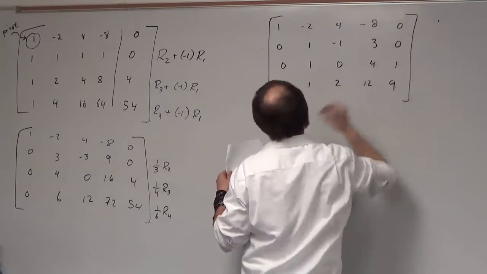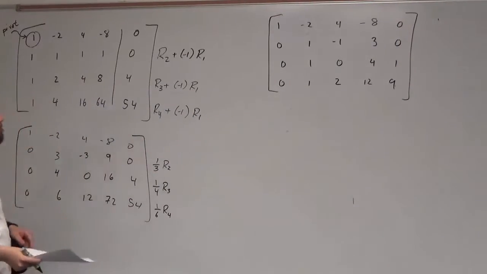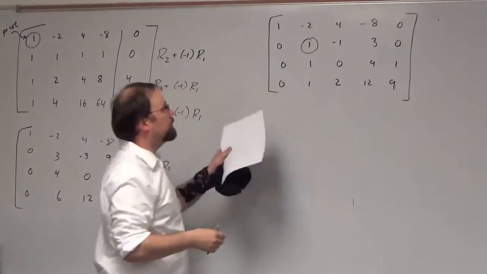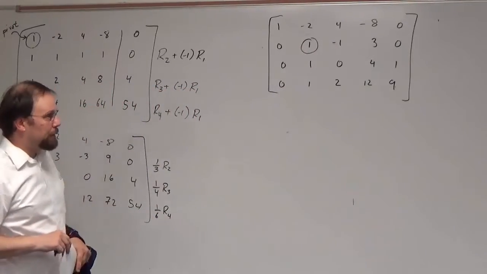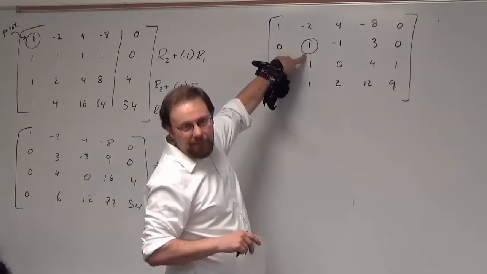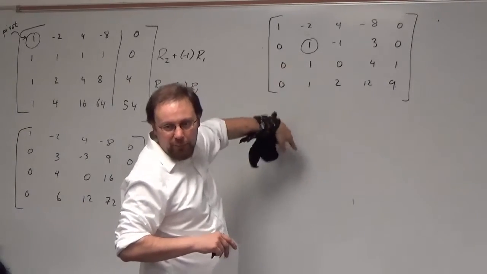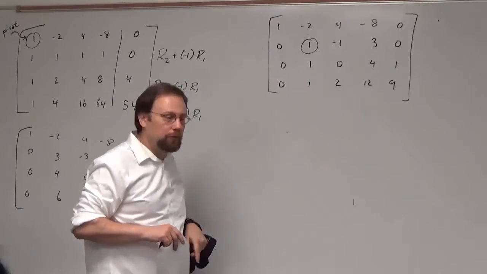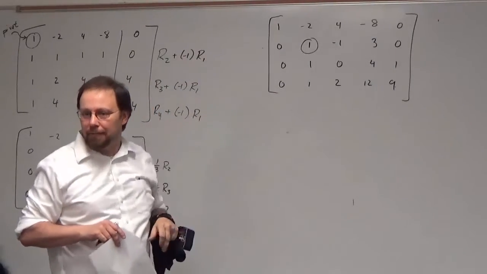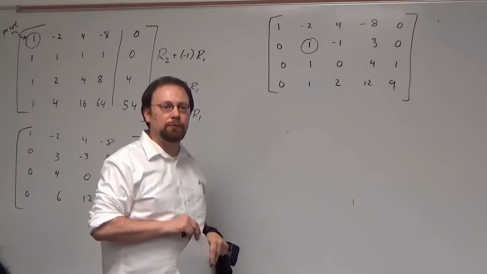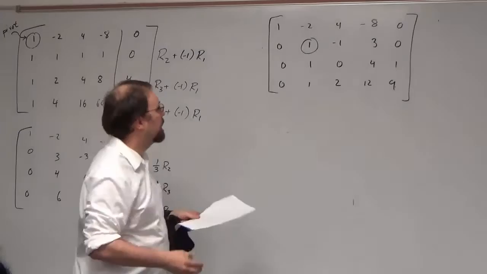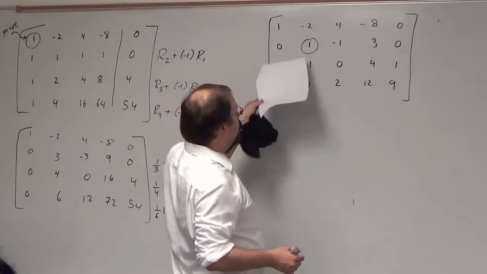All right, so let's continue. So now we have our pivot, our leading 1. We're going to use it to zero everything out. If I was doing just Gauss elimination, Gauss is the guy who zeroes everything down below the leading 1. Jordan is the guy who zeroes everything out above, right? So I'm going to use my pivot to zero everything out.